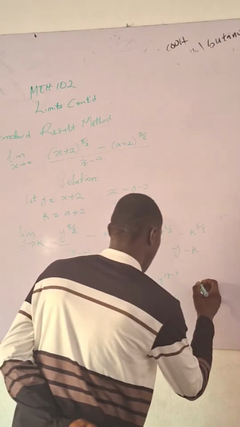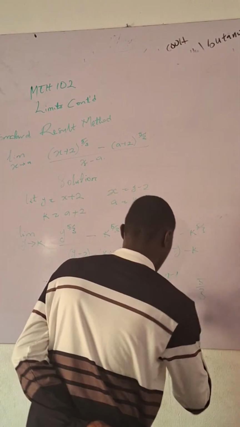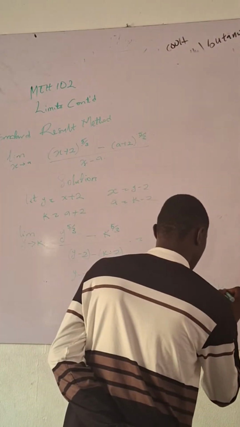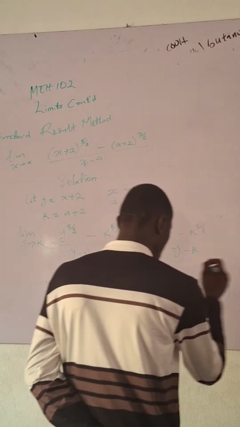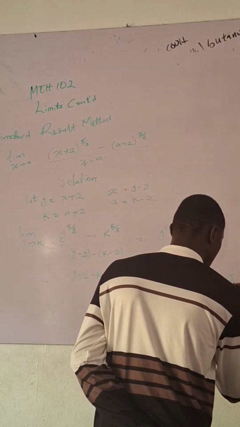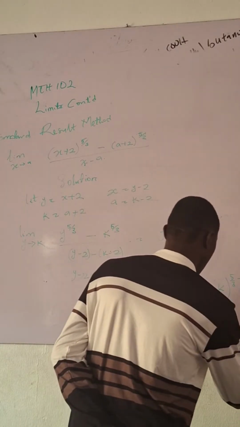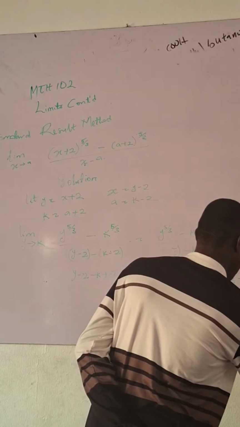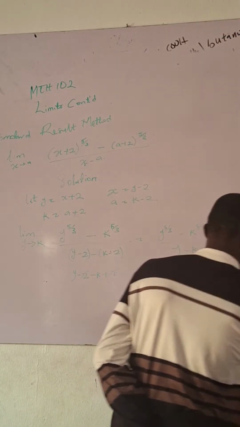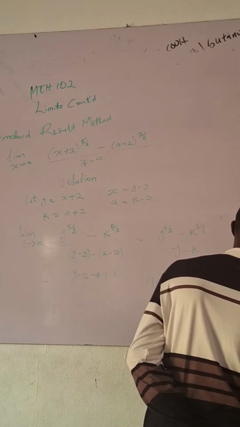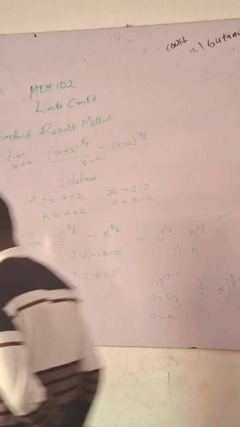So using the formula, I have 5/3 times k raised to 5/3 minus 1, which gives 5/3 times k to the power 2/3. Is this my answer?